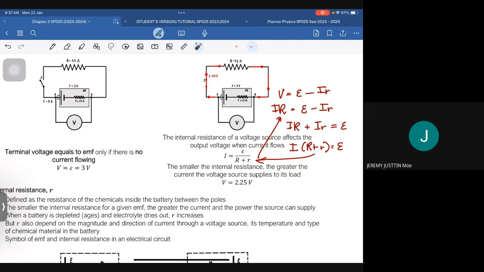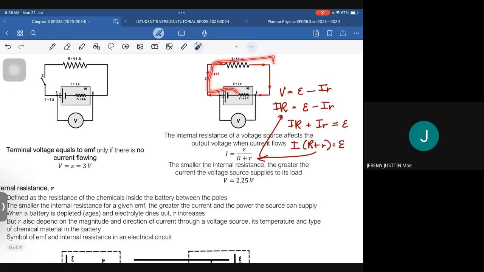Okay, so untuk kamu cari current, kita boleh guna terminal voltage. Okay, tapi terminal voltage ni kita boleh relate dengan Ohm's law, which is capital IR lah. So from here untuk kita cari current yang flow through this circuit, kalau ada internal resistance, kita boleh apply yang ini.